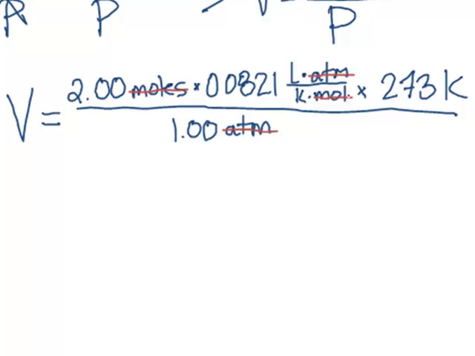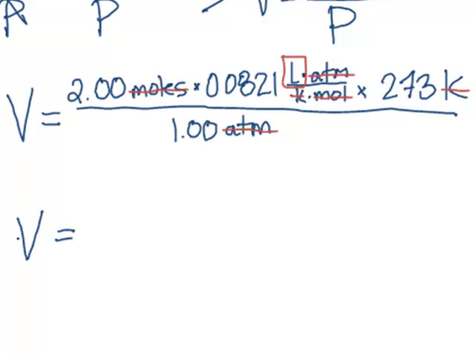Now I look at Kelvin is in the numerator, and that's okay because again, it's in the denominator of the R value's units. The only thing that hasn't canceled in the numerator is liters, and that's a good thing because the question asks for volume. So if I give my answer in liters, that should be appropriate.